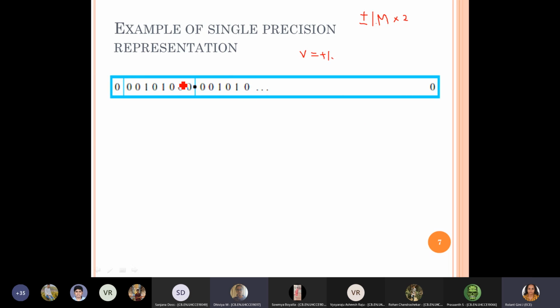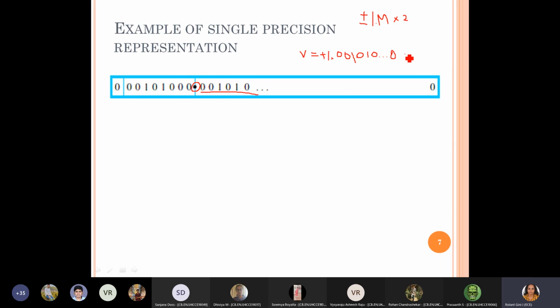The 23 bits which come after the binary point, what you see on the screen. So the 23 bits will be starting from here. Whatever is there, it's supposed to come as such after the binary point. After that, whatever we are having will be simply following. And after you have written all these 23 bits, what will come?